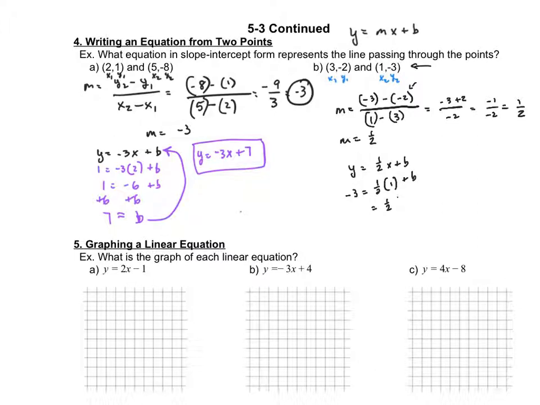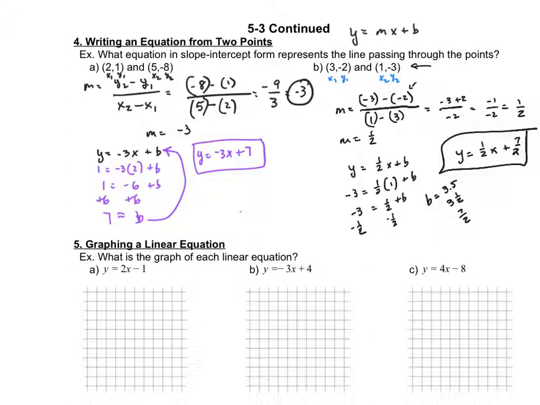So I have 1/2 plus b over here, and negative 3 over here. Subtract 1/2 from both sides, and I have b is equal to negative 3.5, or negative 7/2. So y is equal to 1/2 x plus 7/2.